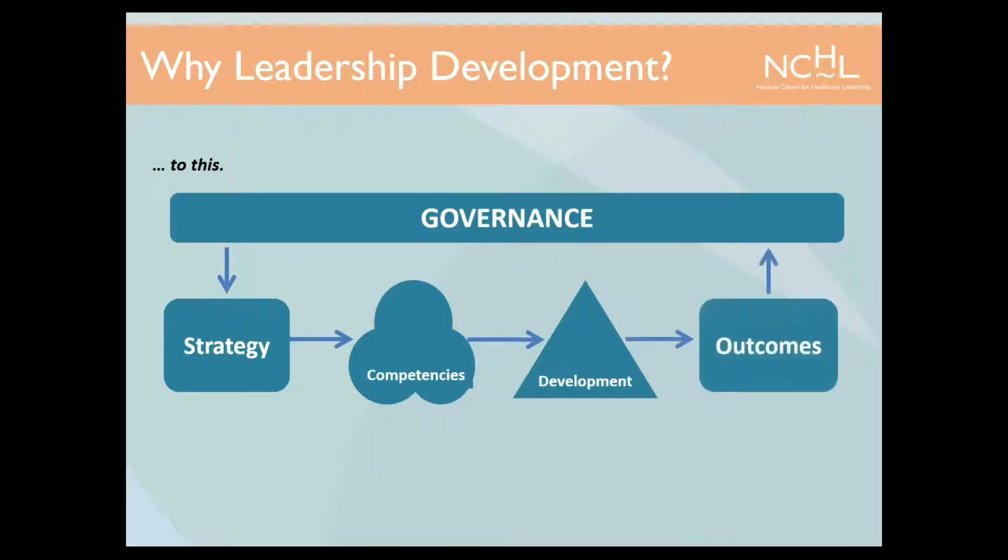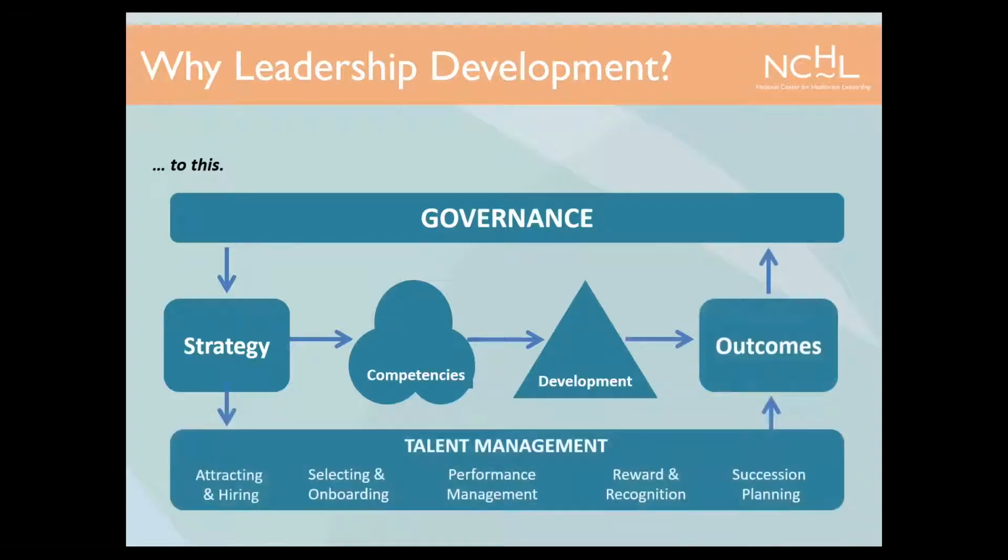And that's how we get to our outcomes. And hopefully when we're trying to get to those outcomes, this is all underlined by a great talent management system that at the same time is attracting and hiring amazing employees that are hopefully geared up for succession planning to be future leaders. And so what NCHL really focuses on first is the what of leadership.